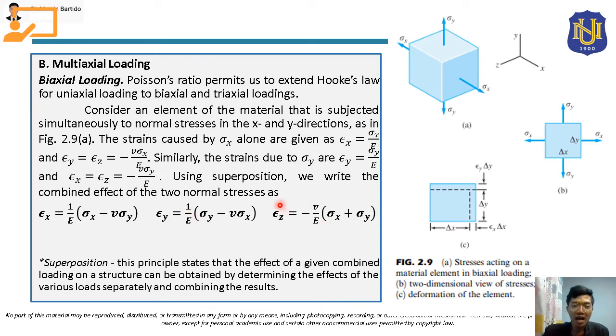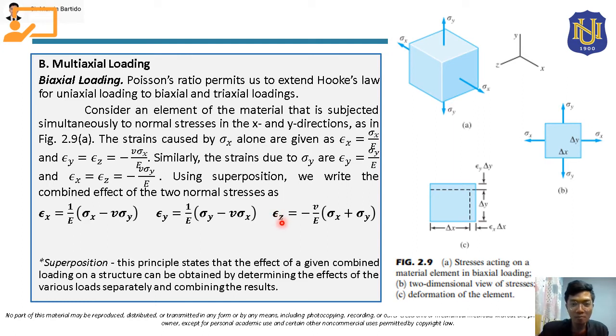Also for epsilon z, even though there is no normal stress in the z direction, because of the stresses in the x and y directions there will also be strain in the z axis.